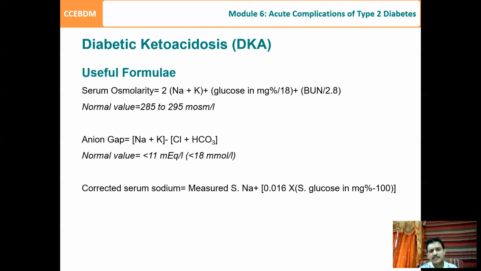That is why there is a gap. This gap conventionally is less than 10 or 11 milliequivalent per liter. Then you can calculate the corrected serum sodium with respect to the glucose, because when there is severe hyperglycemia there is usually a change in the serum sodium value, and we can calculate the corrected sodium on the basis of the glucose value in the blood.